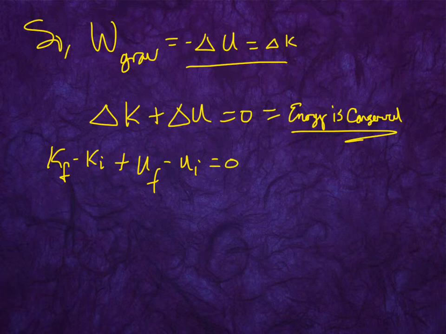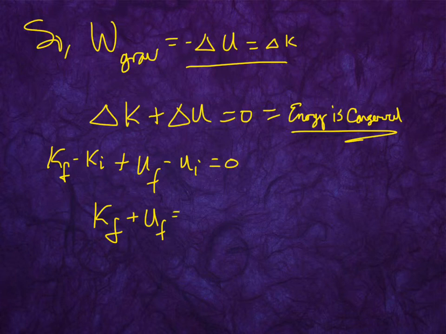So we can rearrange this. Let's just rewrite that, because that was a travesty. K final plus U final, our total final kinetic plus our total final potential, is going to equal our total initial.